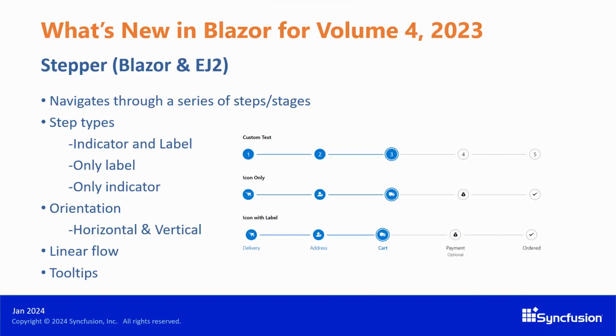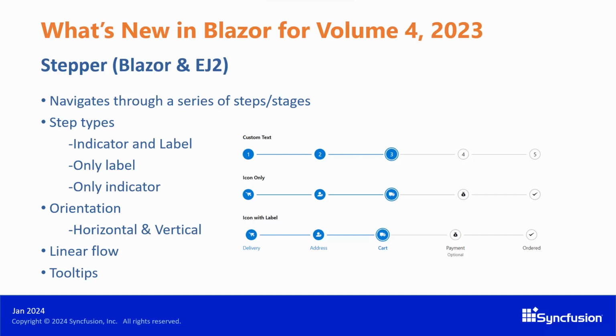Stepper component allows you to navigate through a series of steps or stages in a process within the web application. Some of its key features are listed below. First, step types. You can display the steps either with indicators and labels, or only with labels, or only with indicators. The stepper can be displayed in both horizontal and vertical orientation.